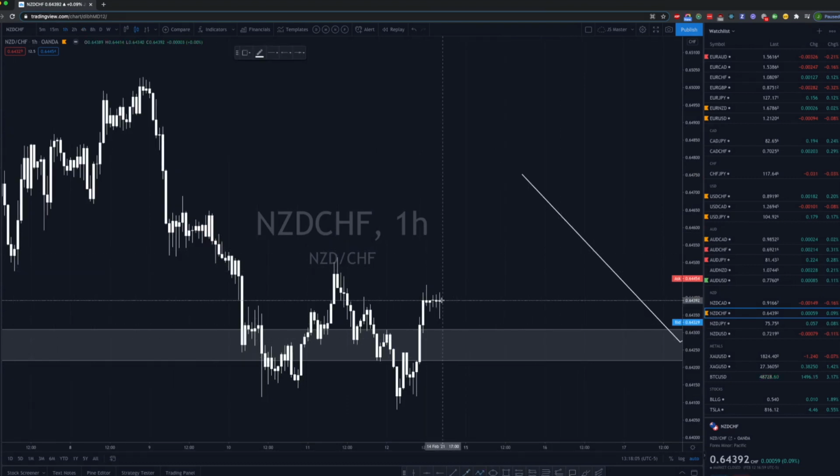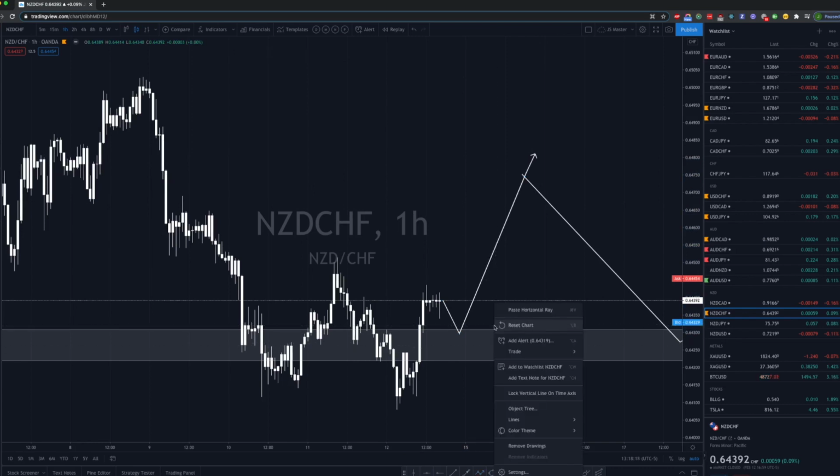Maybe if it does pull back into this level, maybe these highs here, something like that, I'll probably look for long opportunities, right? I'll set an alert right here. Where is it? Add alert.